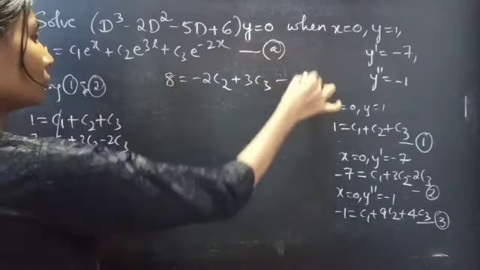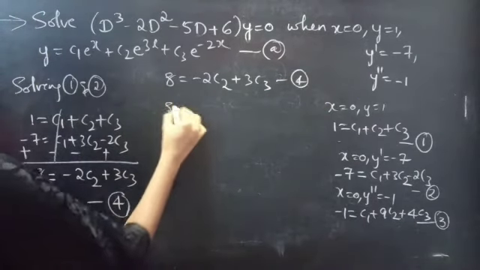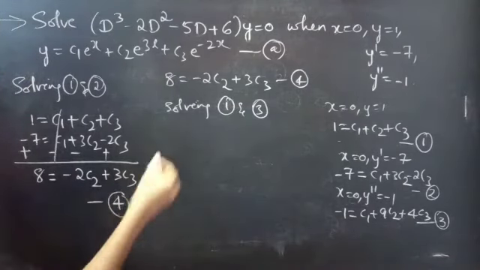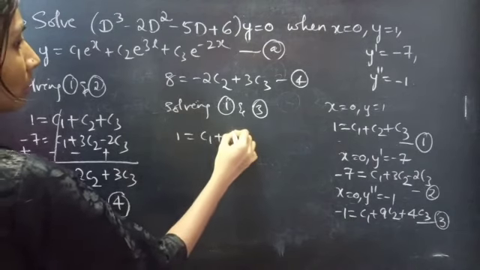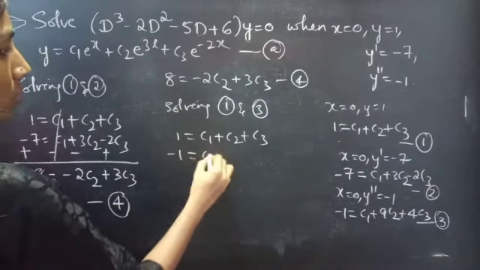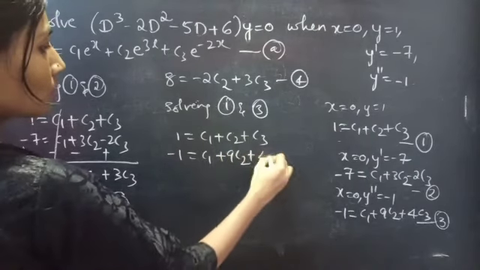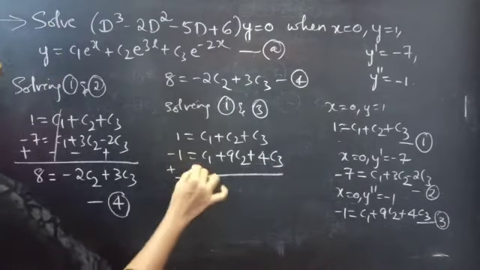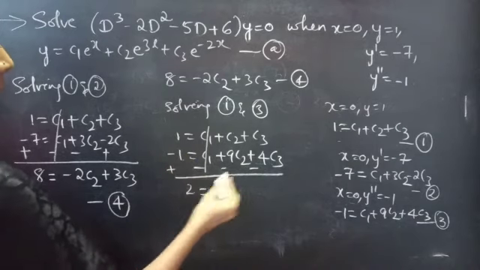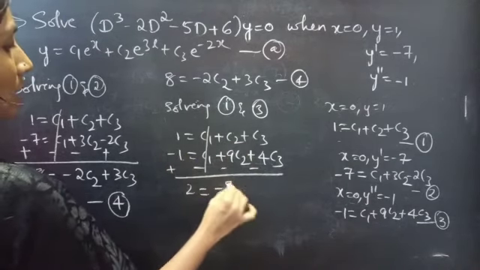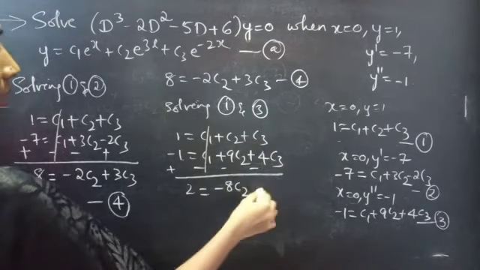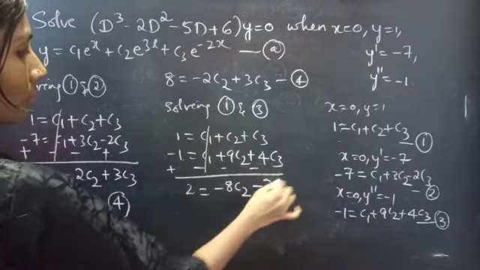Right. Now, solving 1 and 3. 1 equals c1 plus c2 plus c3, and equation 3 is minus 1 equals c1 plus 9c2 plus 4c3. Now change the signs. Plus c1 minus c1 gets cancelled. 1 plus 1 is 2 equals minus 9c2 plus c2 is minus 8c2, minus 4c3 plus c3 is minus 3c3.